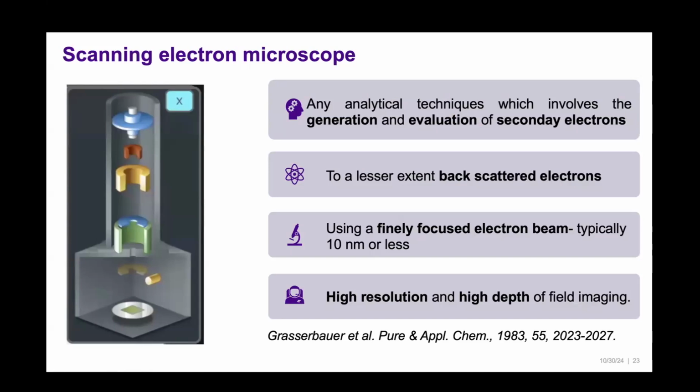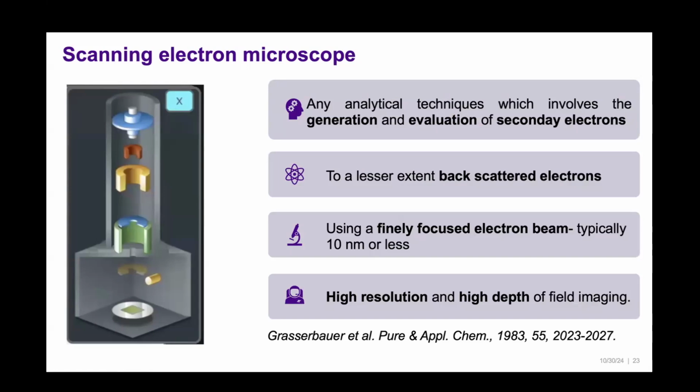So how do you define a scanning electron microscope? Very simple, because you have already seen now what it is. It uses a beam of electrons to generate secondary electrons from the sample, and to a lesser extent, it also creates backscattered electrons. Then there are different detectors.